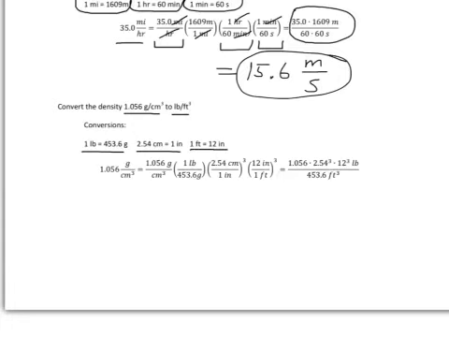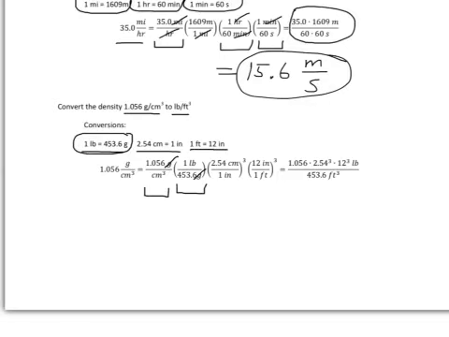Okay, I start out writing my initial quantity as 1.056 grams in the numerator over cubic centimeters in the denominator. My first conversion is to convert the grams into pounds. I use the first conversion factor, and I make sure 453.6 grams goes in the denominator to cause that to cancel, leaving me with pounds in the numerator.